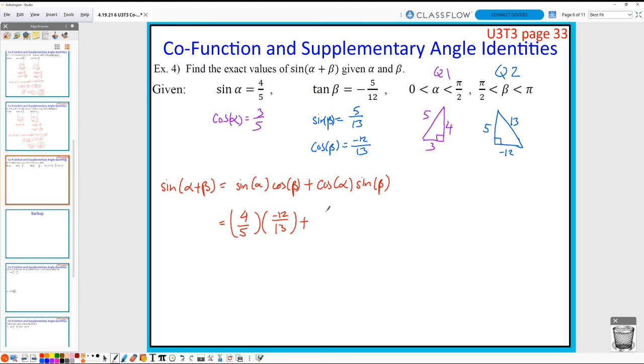Plus cosine of alpha is 3/5. Sine of beta is 5 over 13. I'm going to multiply, simplify, negative 48 over, this is 65 once again, plus 15 over 65. So in this case, I get negative 33 over 65.